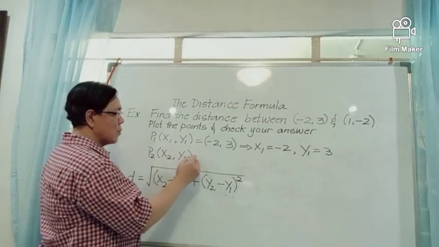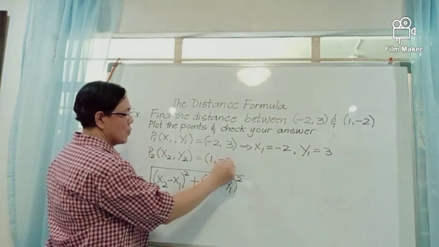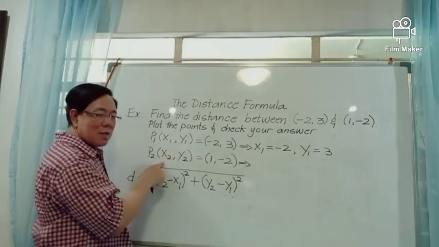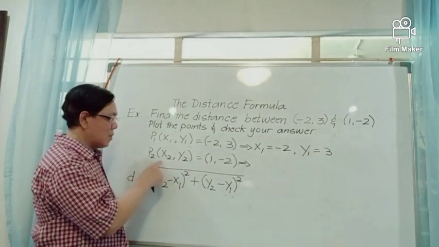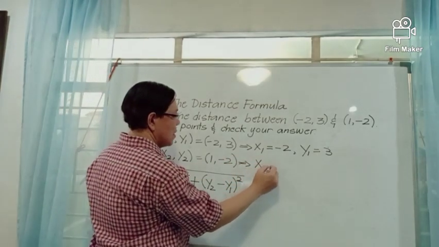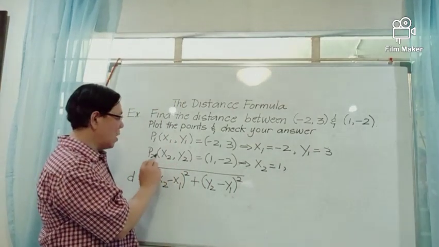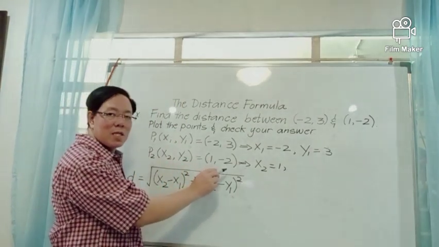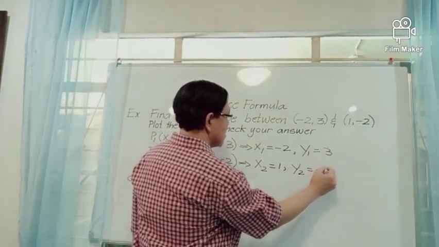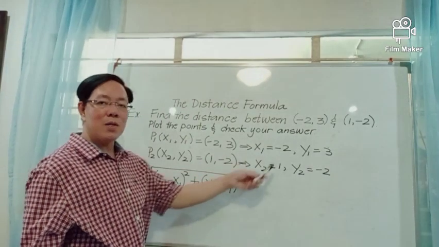Our point P2 is the point 1, negative 2. And this implies that the abscissa x2 of P2 is 1. x2 is 1. And the ordinate y2 of P2 is negative 2. y2 equals negative 2.